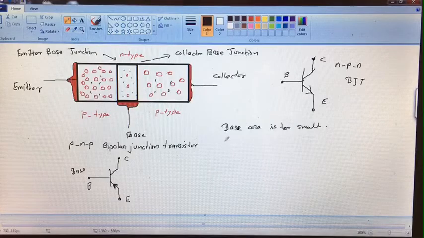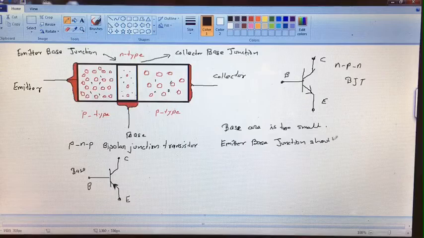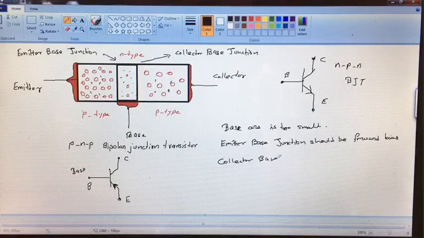The emitter base junction should be forward biased, while the collector base junction will be in reverse bias.